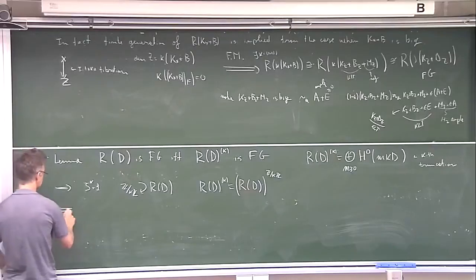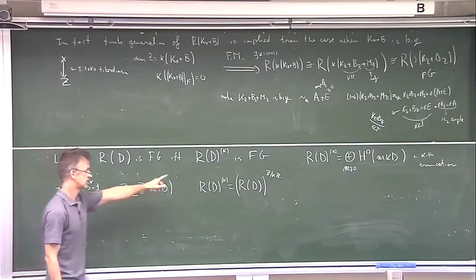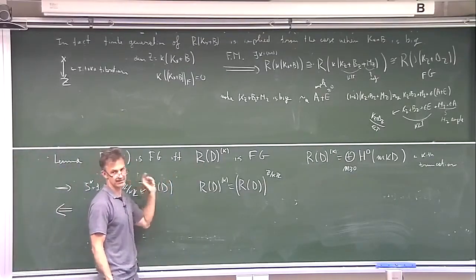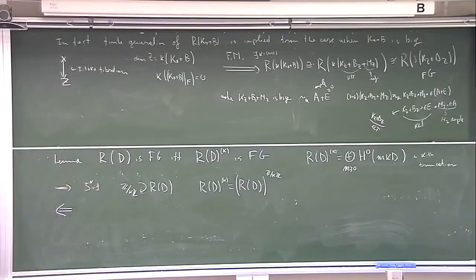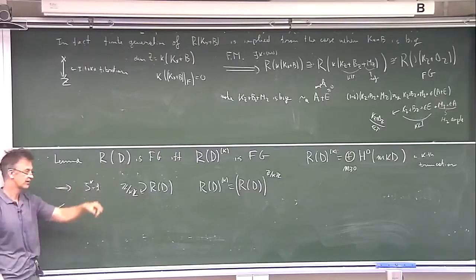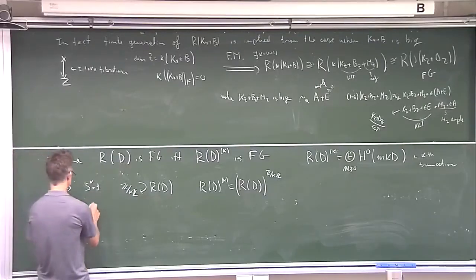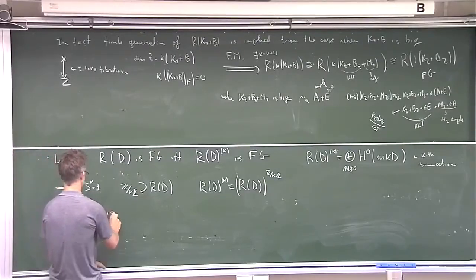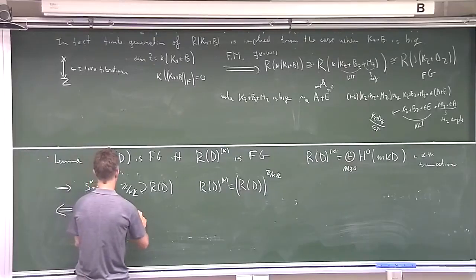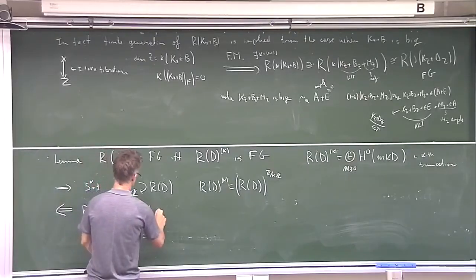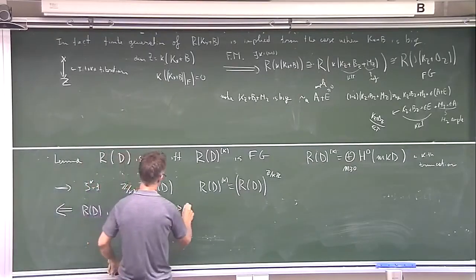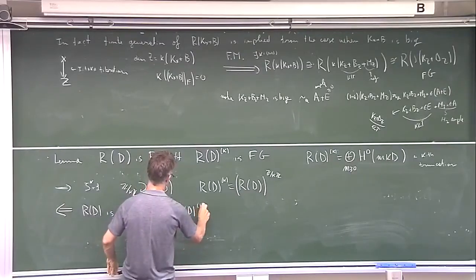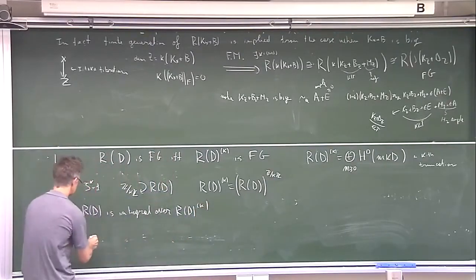To go the other way, let's assume that this ring is finitely generated. Why do you expect that ring to be finitely generated? Well, because this ring is integral over that ring. So R(D) is integral over the kth truncation. The reason is so stupid, but let me just write it.